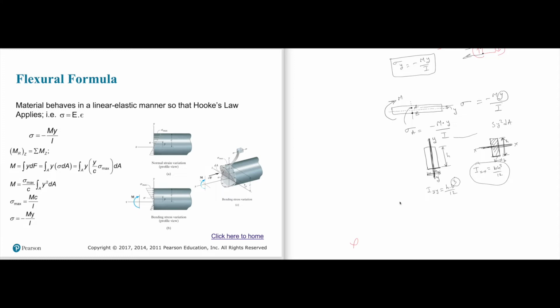What is the moment of inertia for a triangular shape? I'm going to give you that. What is the moment of inertia for a circular shape with respect to that axis? I'll give you that. What you need to understand is, in this formula, when you apply I, you're taking moment of inertia with respect to the axis of rotation.